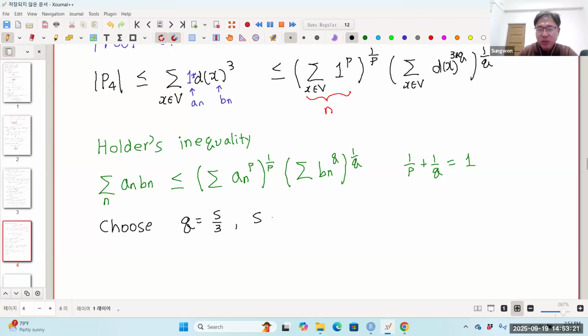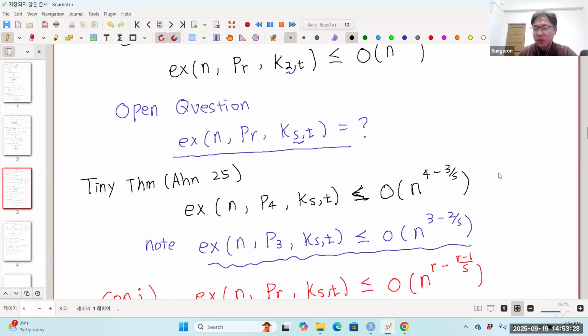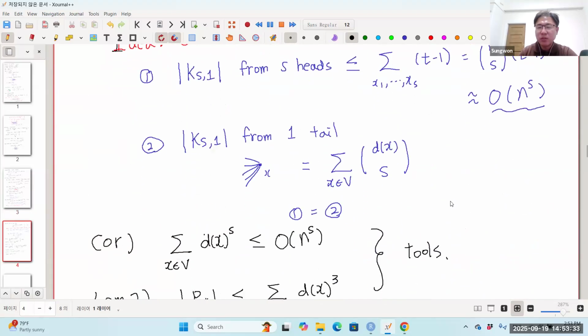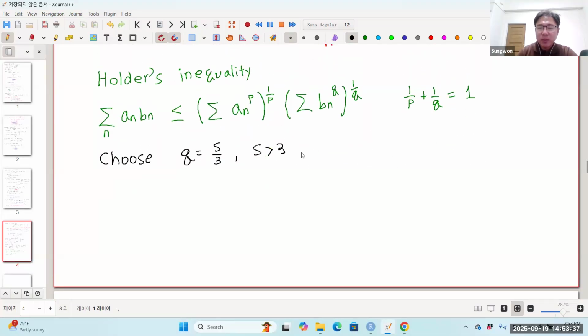And here we have a restriction that s should be greater than 3. So I should write in the theorem, s is greater than 3. That's one of the conditions. Then 1 over q is its reciprocal, so there will be 3 over s. And then 1 over p is 1 minus 1 over q, so it will be 1 minus 3 over s. Okay.